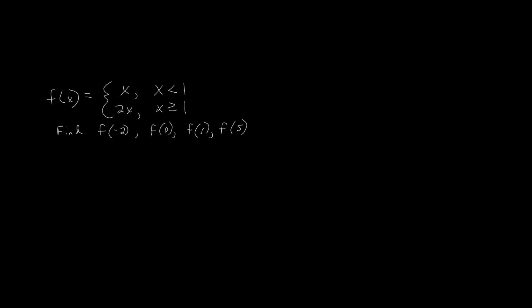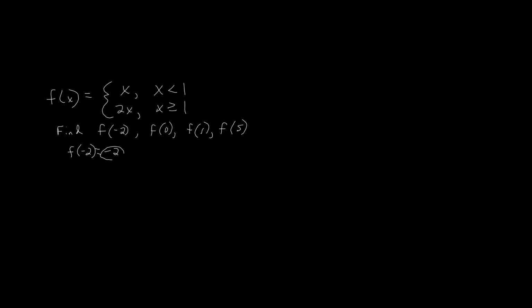Let's just do it. f of -2 equals, and since -2 is less than 1, we plug it into this function. Well, this is the easiest function ever. It just equals that number. f of x equals x, so f of -2 equals -2.